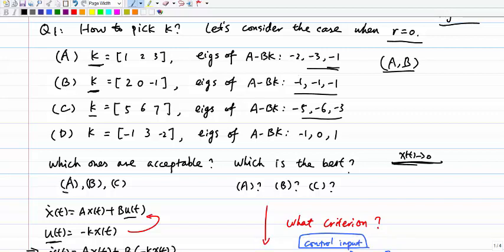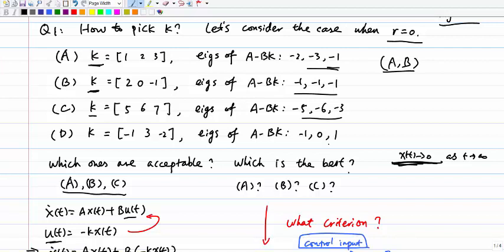So they are all acceptable. You can choose any one. They can guarantee that x(t) will go to 0 as t goes to infinity. However, those other options are not acceptable because one of the eigenvalues has positive polarity, which will drive the state to infinity.